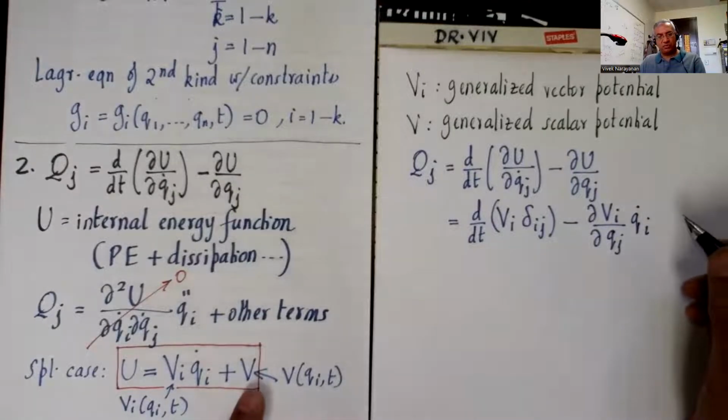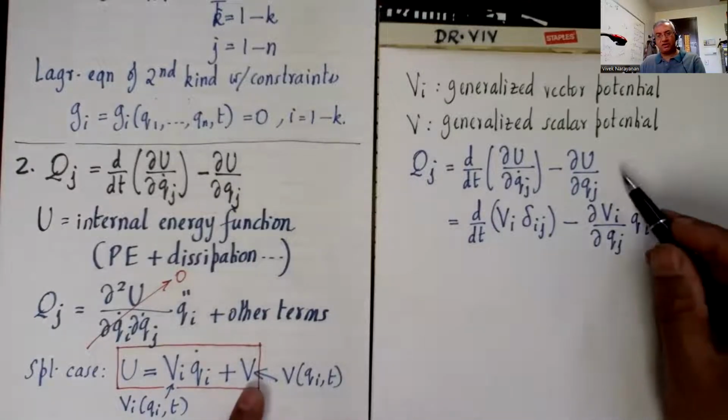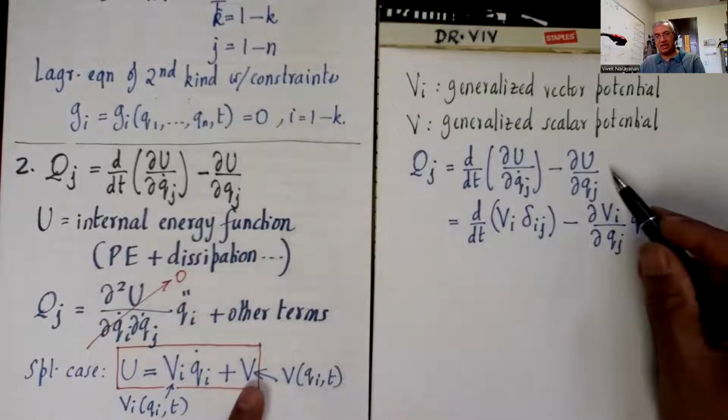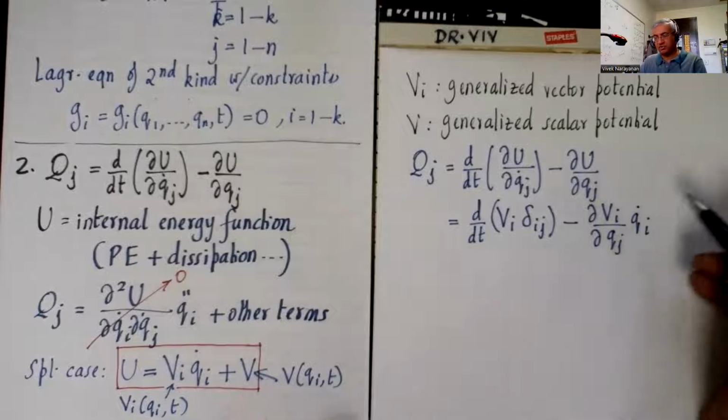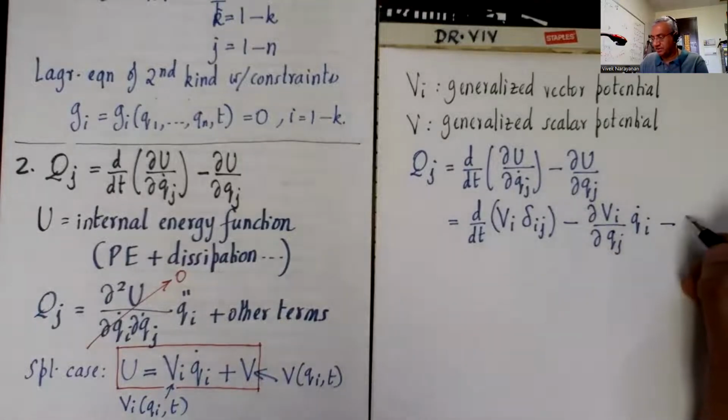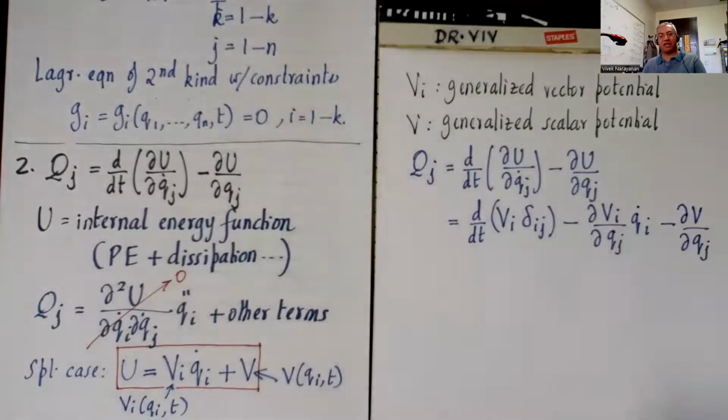And then, of course, this term will have time, but it'll be differentiated with respect to Qj. So that gives me del V over del Qj. So these are the terms we get.